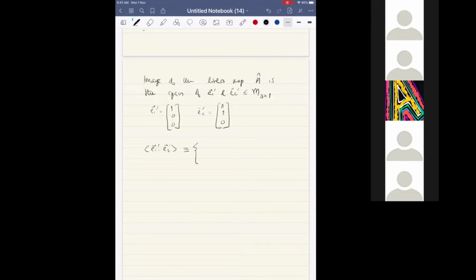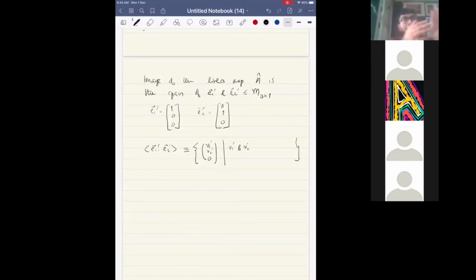Can somebody describe explicitly the span? The non-zero entries may be in the first and second rows, only 0 in the last row. Exactly. So this is of the form V1 prime, V2 prime, 0, where V1 prime and V2 prime are arbitrary real numbers, because the span is by definition arbitrary linear combinations of this kind.